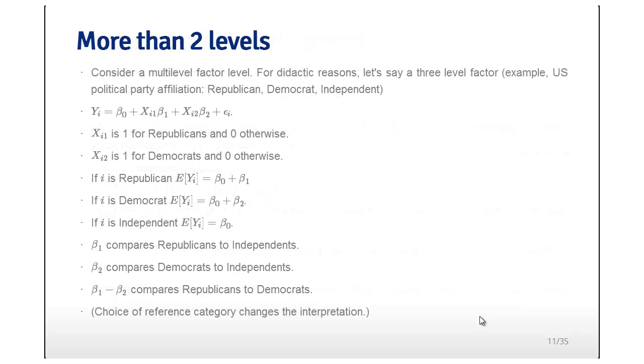And there's nothing specific about two groups, treated versus control. We could do factor variables with multiple groups. Let's say it's a 3-level factor. So imagine you wanted a predictor to be party affiliation: Republican, Democrat, Independent. Those are the 3 most prevalent U.S. political affiliations.